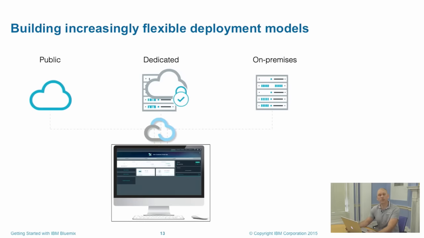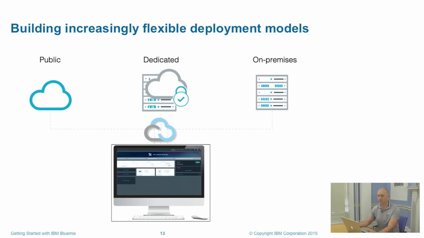As well as the public cloud offering for Bluemix, we're also introducing a dedicated option, which gives you a dedicated set of physical hardware running in an IBM data center on SoftLayer, and that allows you to have full control of that hardware, so it's not going to be shared with anybody else. It also allows you to set up things like a virtual link to your own private network within your data center.